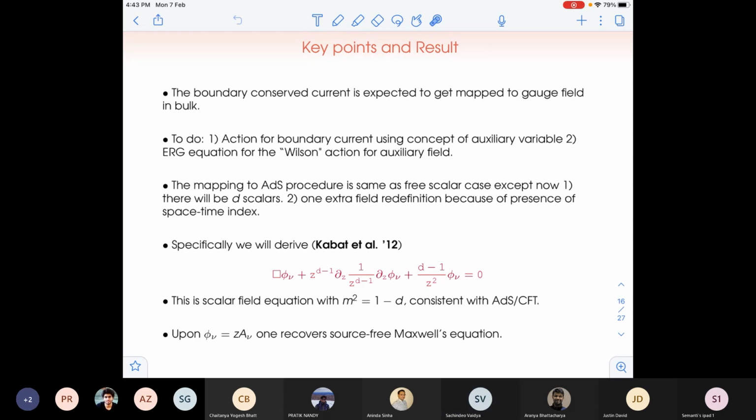So this matching of boundary and bulk degrees of freedom. Another way of asking this question is, how do we know that this is not an equation for a massive gauge field in some complicated disguise?